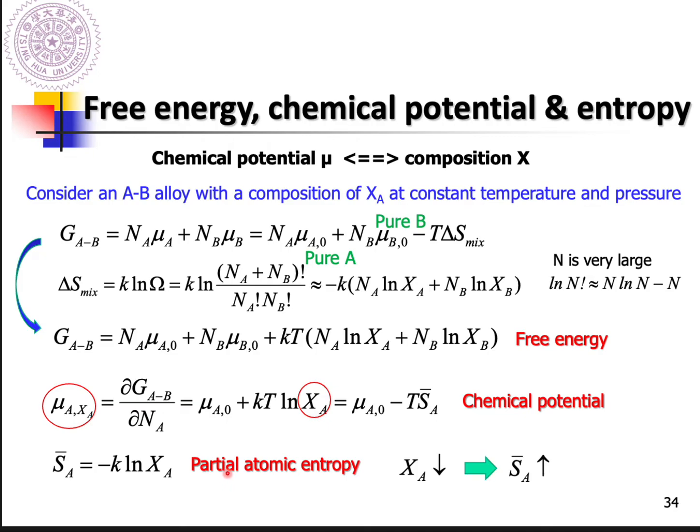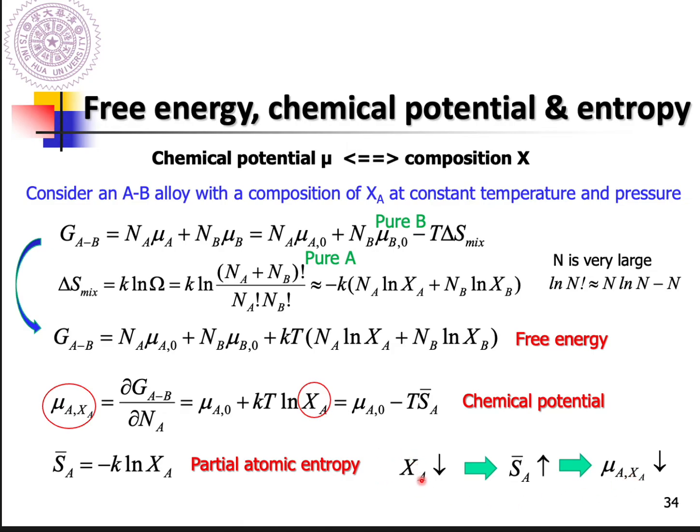Okay, so here is a short summary. If we decrease the composition of atom A, then the partial atomic entropy increases, and if we decrease this, then the chemical potential decreases. So the chemical potential of atom A changes if you change the composition of atom A in your material.